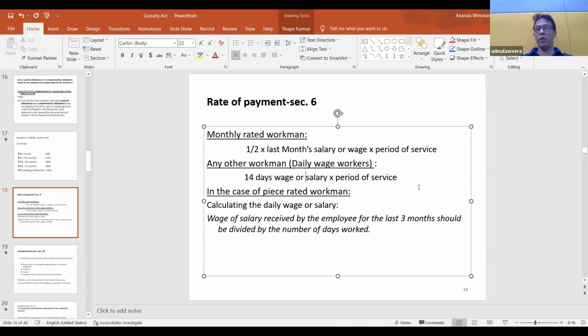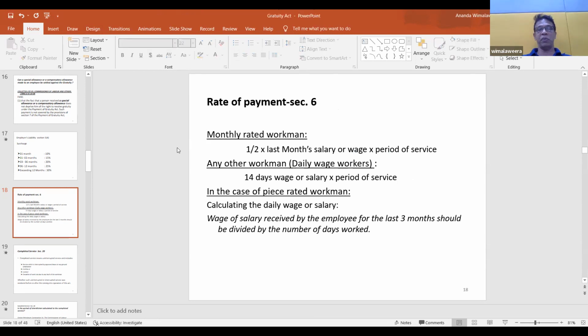Most of the students, I have noticed, in the 3 question papers I have prepared recently in English medium, about 90% of them multiplied the daily wage by 26 days, divided by 2, and multiplied by period of service.